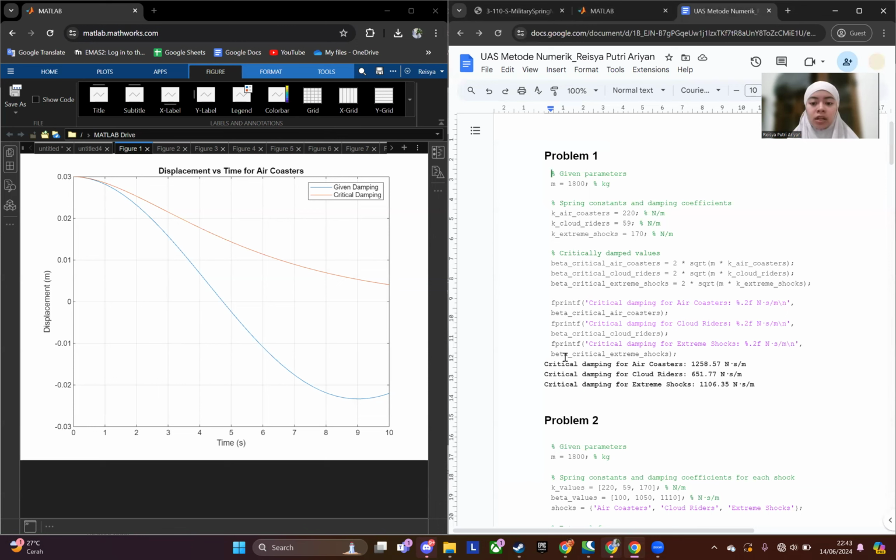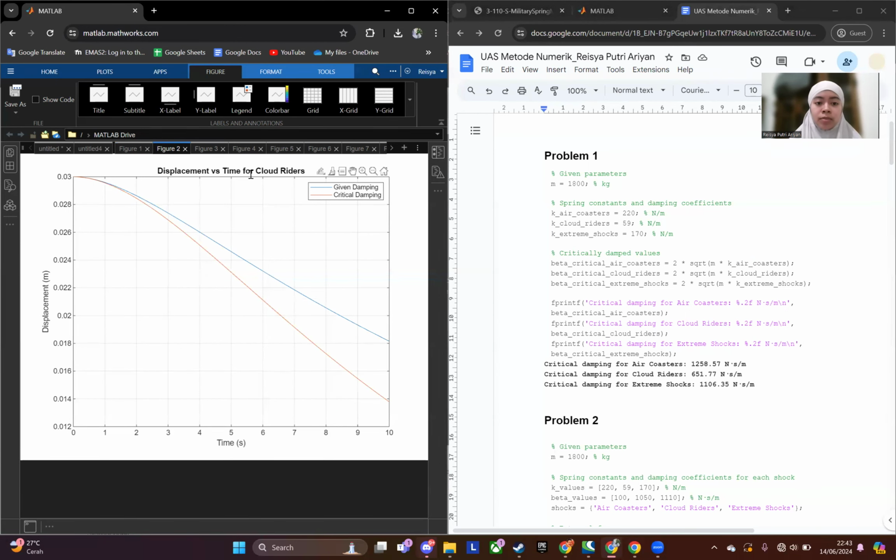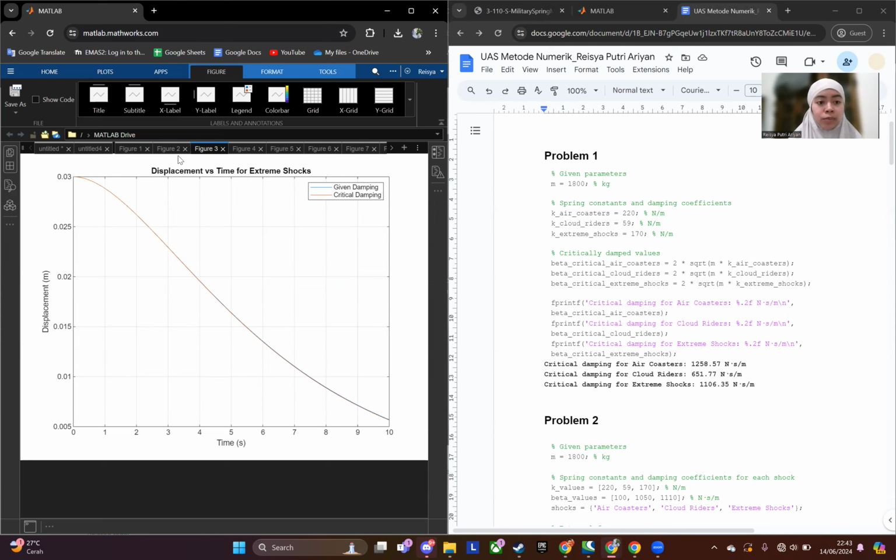So we have the answer: the Air Coaster is much bigger than Cloud Riders or Extreme Shock, and we have the graph of displacement versus time for Air Coaster, displacement versus time for Cloud Riders, and displacement versus time for Extreme Shock.